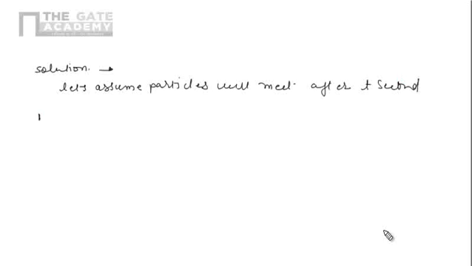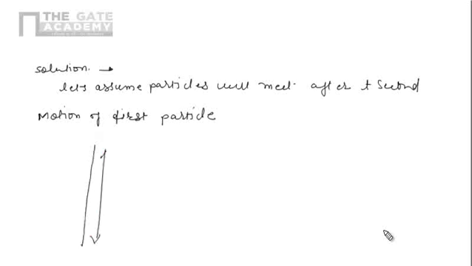So first we will analyze motion of the first particle. The first particle will be dropped from a height of 200-meter tower, and it will meet with the second particle at a 50-meter height.